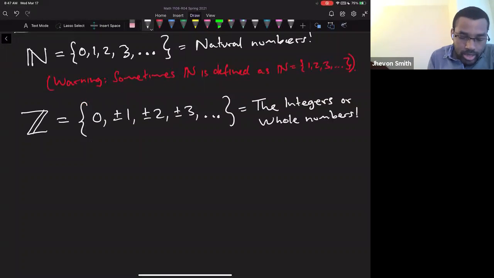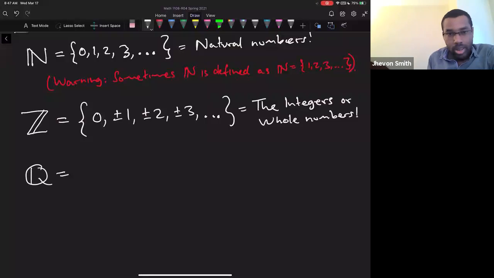There's also the set that we call Q for quotient. It's actually named the rational numbers. This is the set. Now, here I'm going to define it by a condition because it's actually very hard to write it out completely. But you can think of this as the set of all possible fractions.